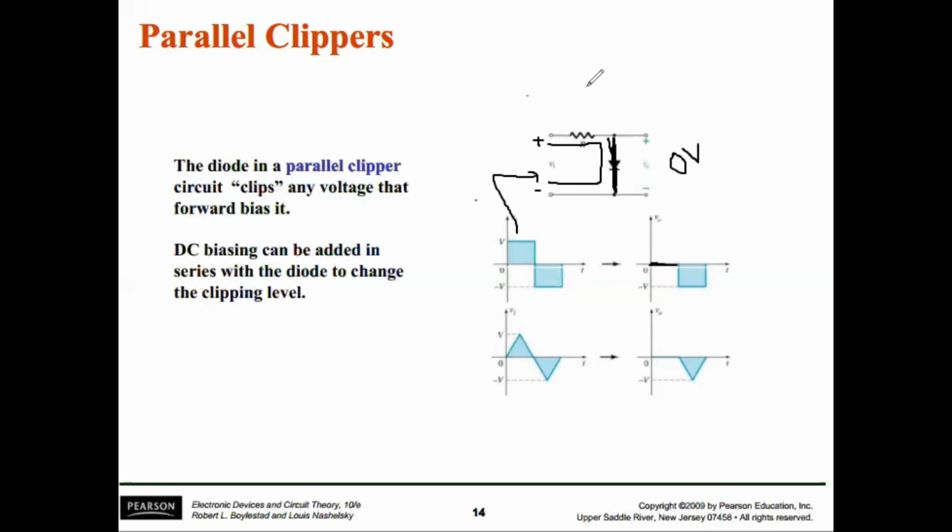For the negative waveform, what will happen? This will be negative, while this will be positive. For the negative cycle the current will come here, and here again the voltage will be negative, while this will be positive. So this will become an open switch.